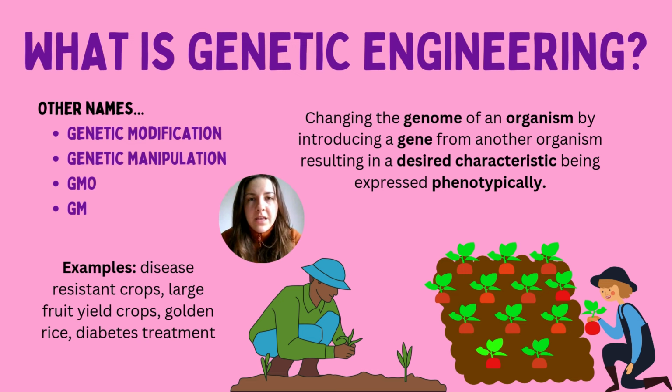It gave it a yellowy golden color, and this increased the amount of vitamin A available in those particular plants for people in different parts of the world who didn't have access to fruits and vegetables with a lot of vitamin A, and they were seeing a lot of deficiency issues there, things to do with blindness. So this was a really good way of tackling that issue.